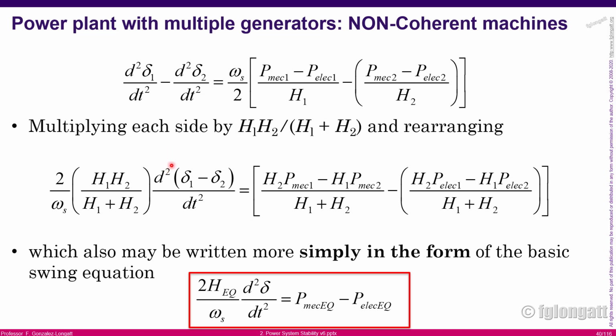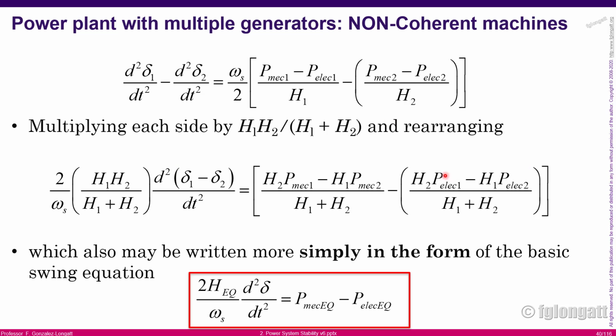And then we get this big equation over here. Okay, what is this big equation? It defines how the difference between the two angles is changing when we have some electrical and mechanical power in each generator.